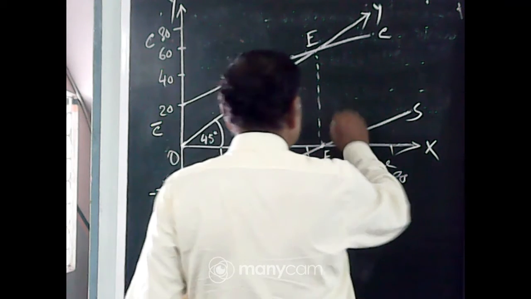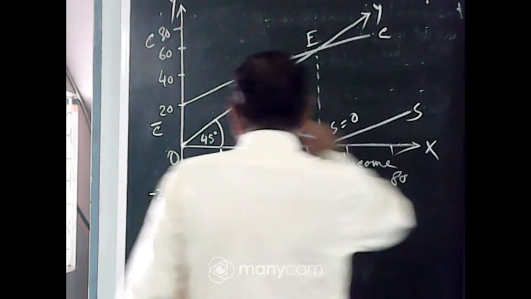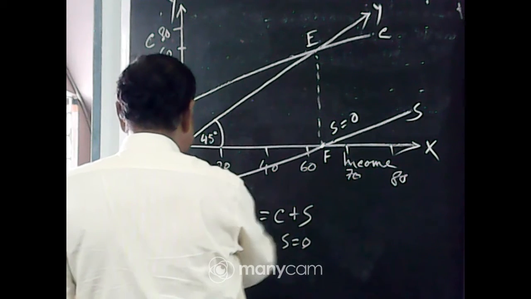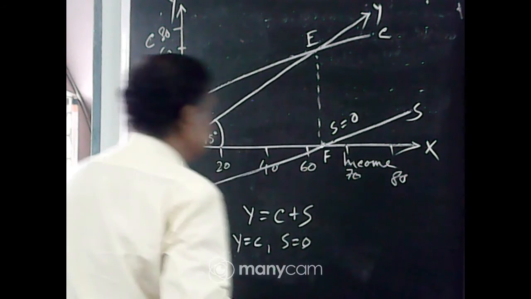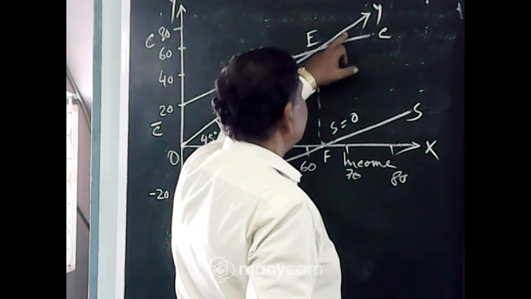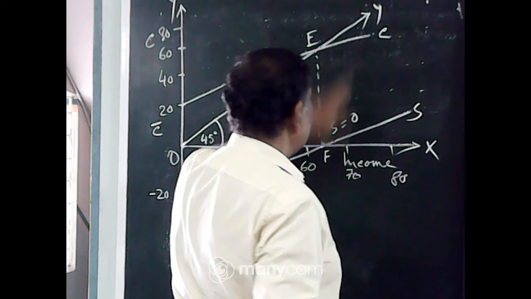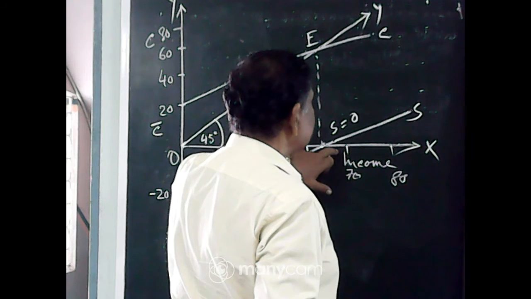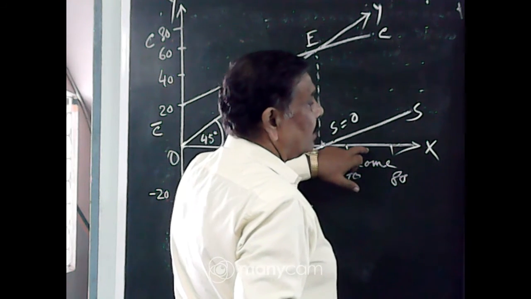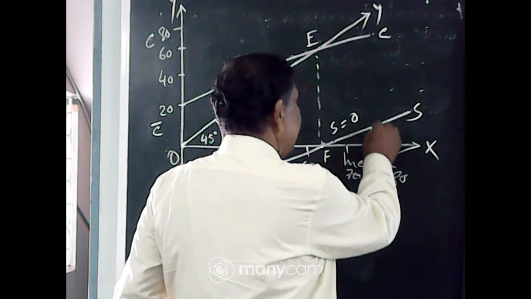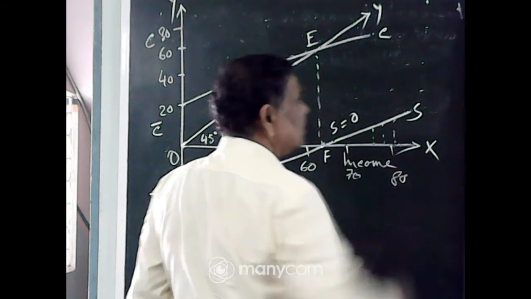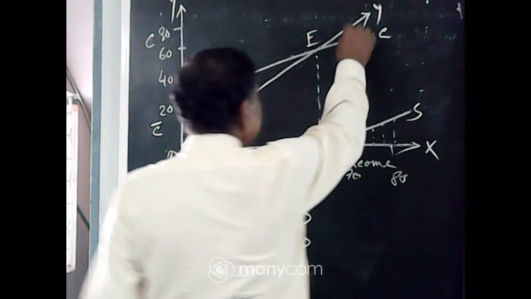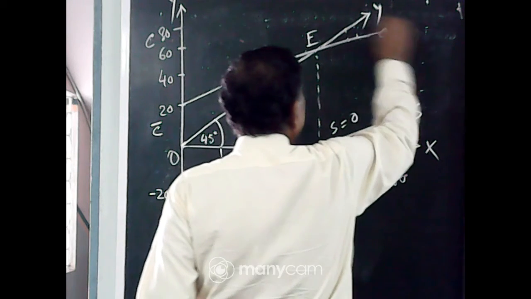With the increase of income, the saving curve also increases towards the horizontal axis, and as the Y curve is above the C curve, the saving curve must be above the horizontal axis, because these gaps indicate the saving part, and this part must be equal to this part.